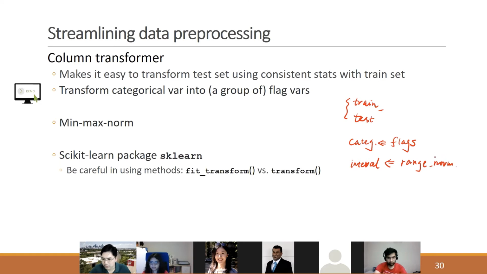For regression, we can use the standard scalar, the z-score. But anyway, it's just a difference of the scalar. For interval variables, we use such a scalar, right? So a categorical variable will produce a data frame that has flags, and somehow you need to merge that with the main data set, right? That's part of the homework.